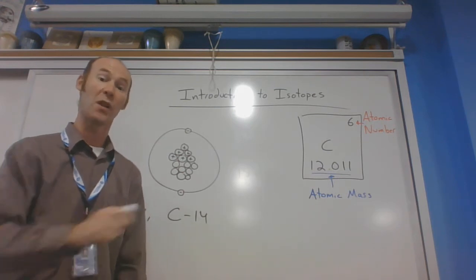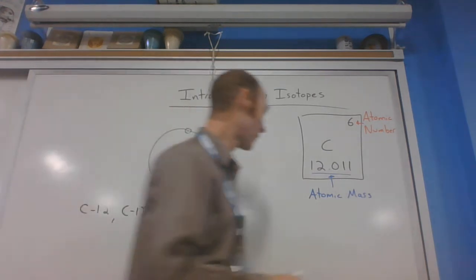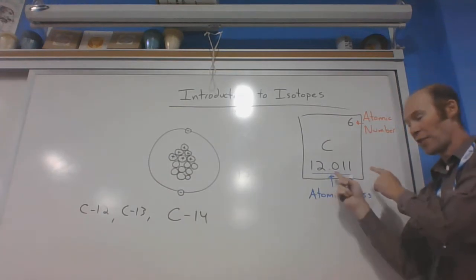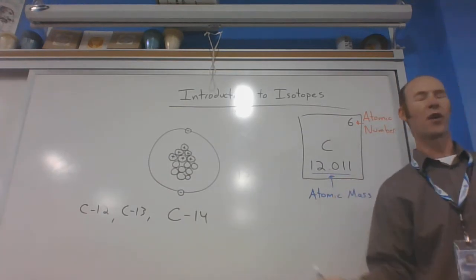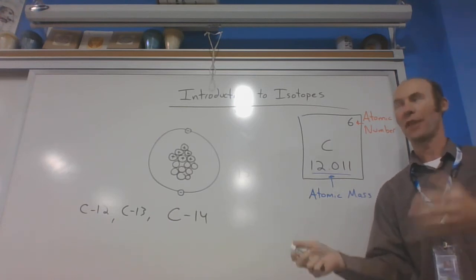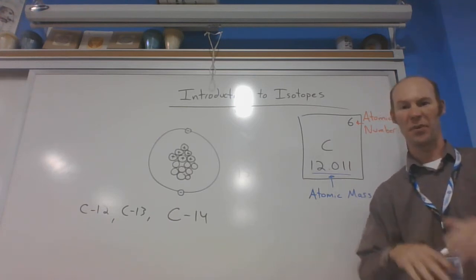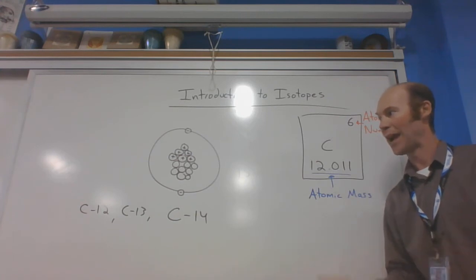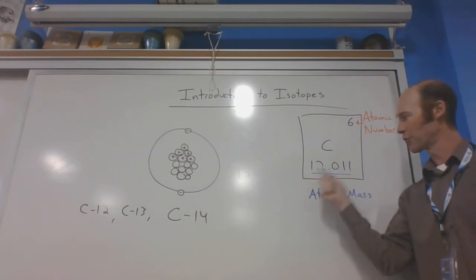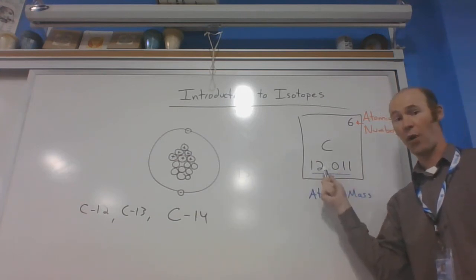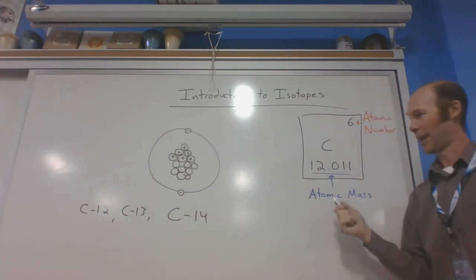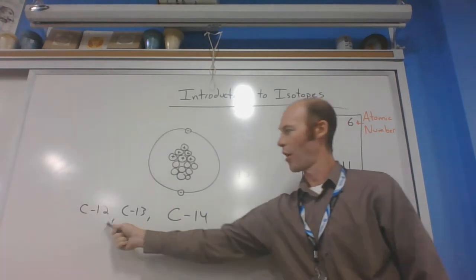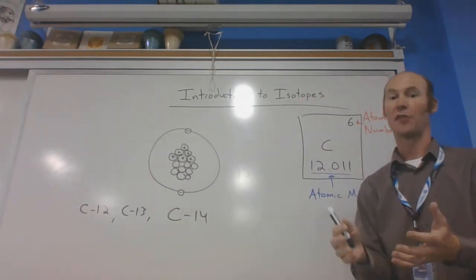And here's something really important I want to share with you next. What you see here is a weighted average. If you took an average of all the carbon atoms out there, and you weighed them all up, you'd find that on average, they weigh really close to 12. What that tells me is that there are way more carbon-12 isotopes out there.